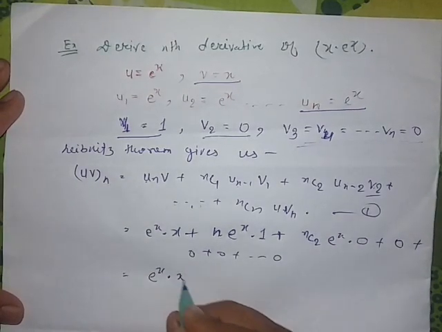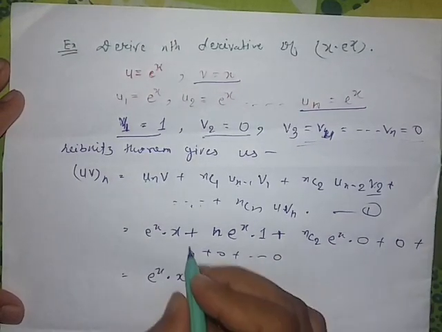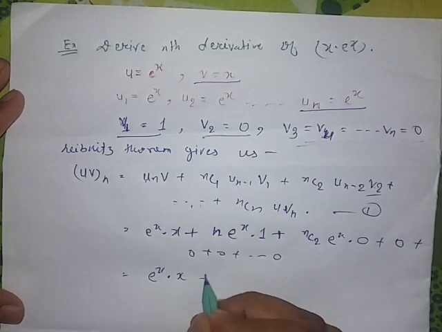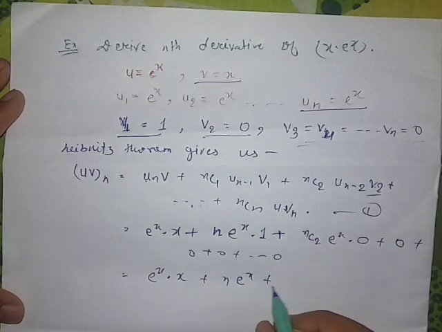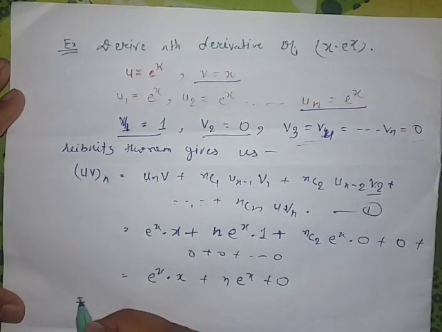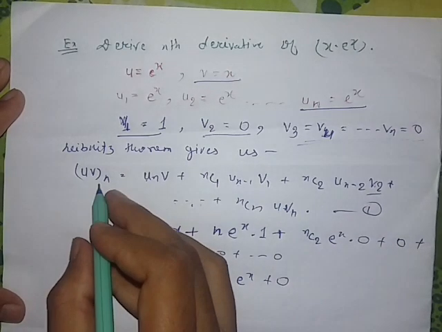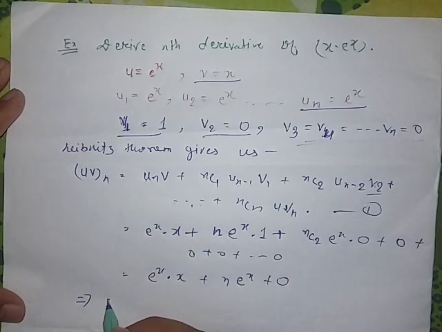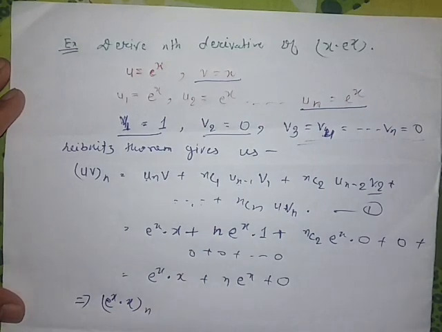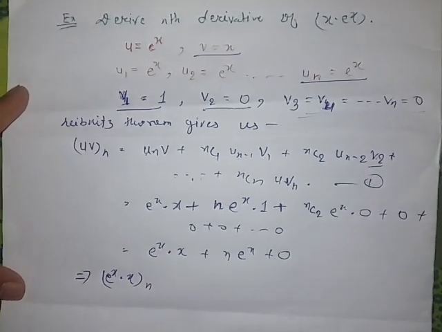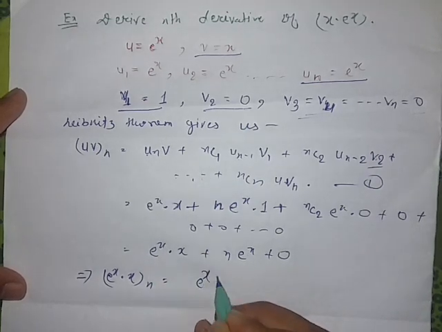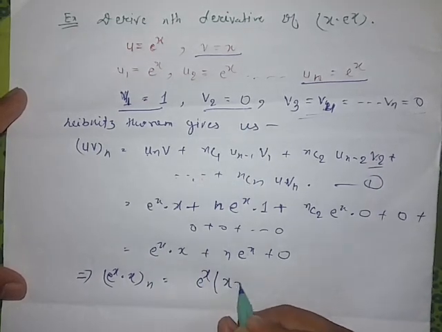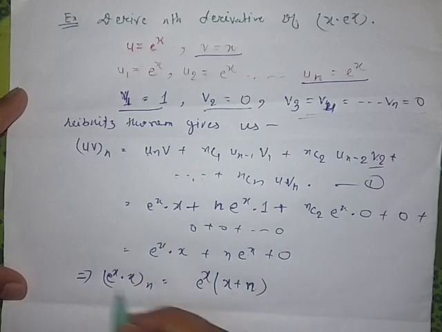Now we write again ex into x plus n ex into 1, plus 0. So the nth time derivative of ex into x will be equal to, if we take ex as common, ex times x plus n.